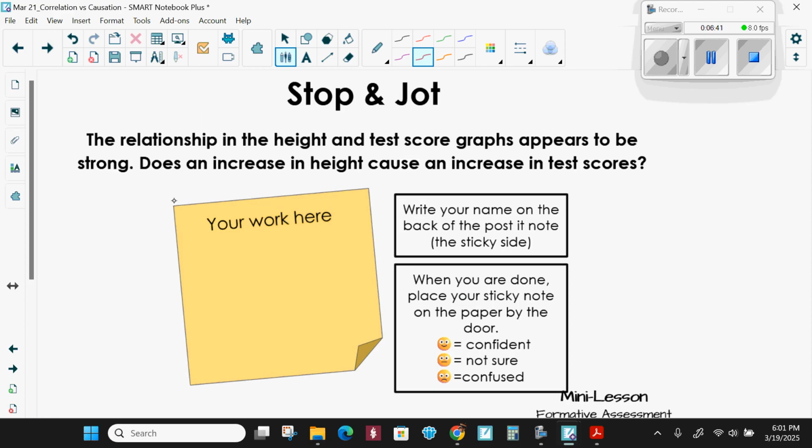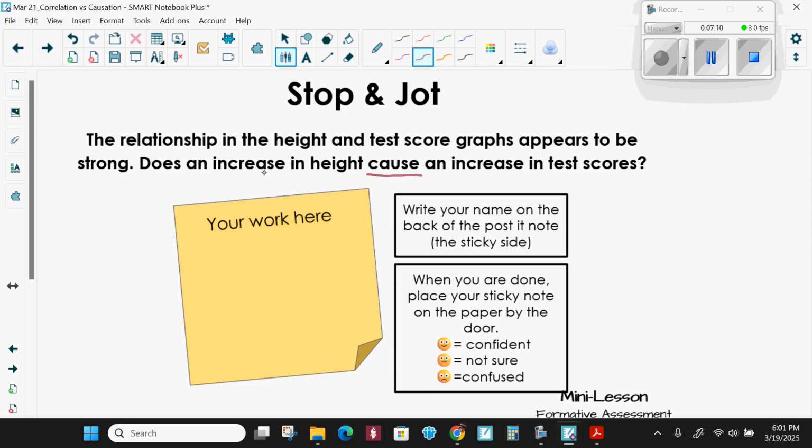Okay, so this is your stop and jot. You're going to put your answer on here. It says the relationship in the height and test scores graph appears to be strong. Does an increase in height cause an increase in test scores? You want to state if you think this is causal.